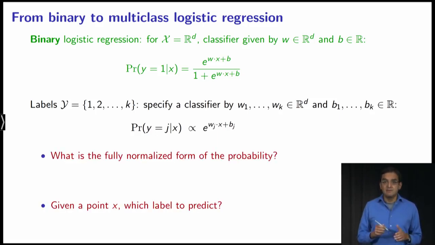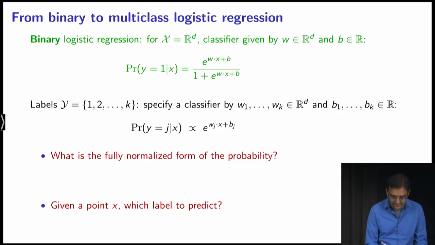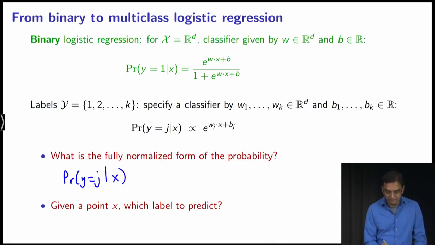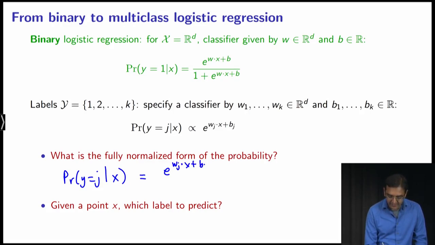We said proportional to. What is the exact formula for the probability? Well, we just need these to add up to 1, so we just need to normalize. The probability that y is j given x is exactly that term up there, e to the wj dot x plus bj, and now we normalize it.